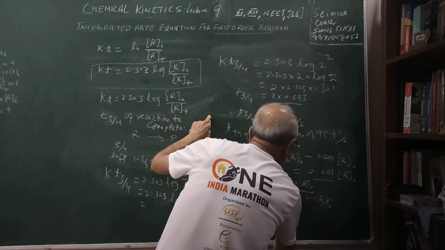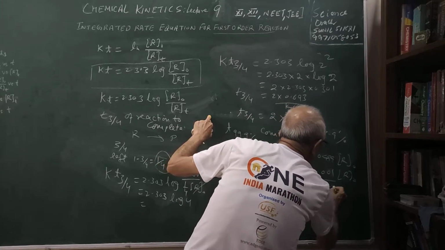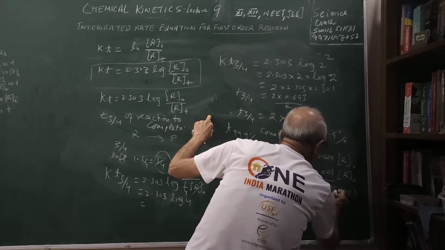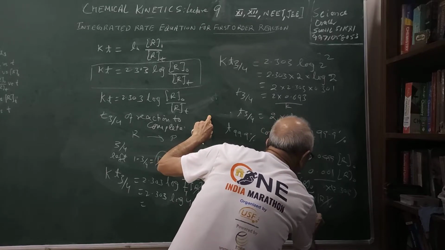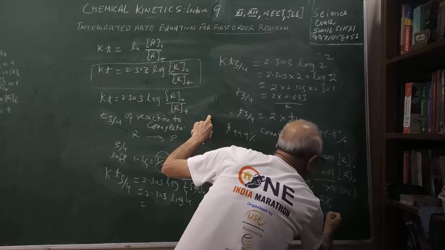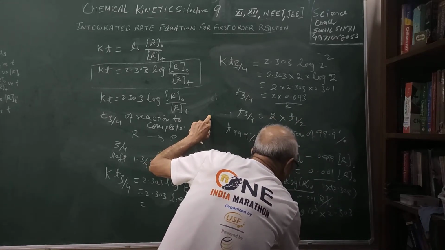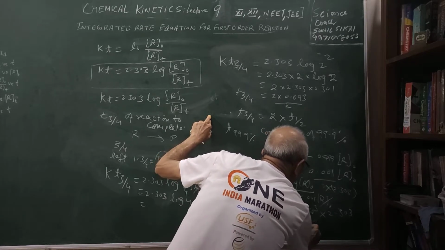The R0 will get cancelled. So what is this value? Log of 10 to the power 3, into 2.303. That means 3 log 10. So 3 into 2.303.